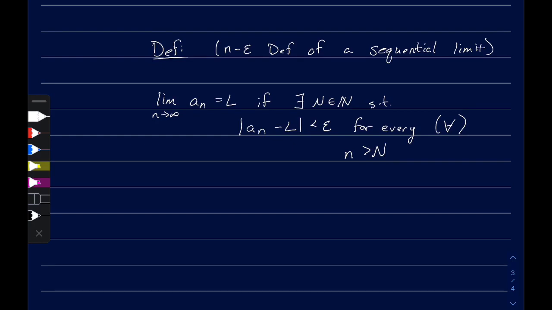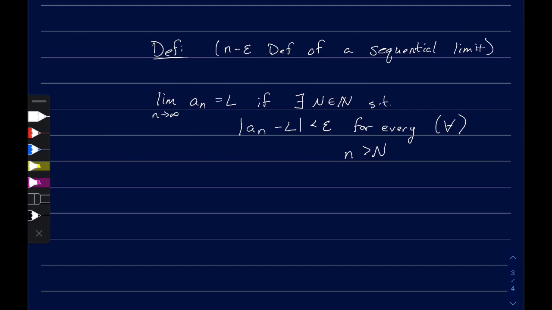And like I said before, we're caring about that tail end. We don't really care about the first 2, 3, 4, 100, 1,000, 1,000,000 terms. We just really care about what happens towards the very end of our sequence as we get really far out, just like a functional limit.